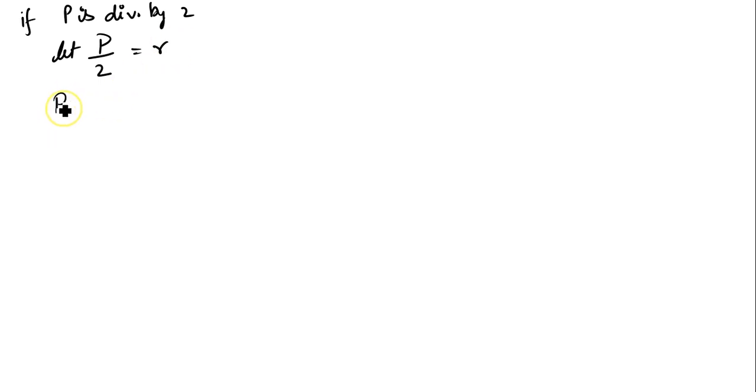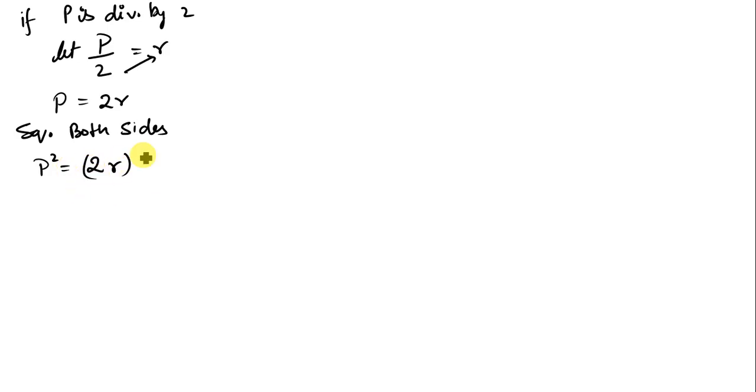Now p is equal to 2r; we simply rearrange it and shift the 2 to the other side. Then we do the same thing again, squaring both sides. So now p square is equal to 2r whole square, then p square will be equal to 4r square.